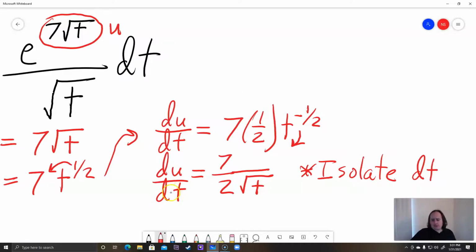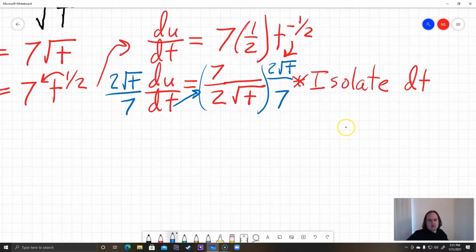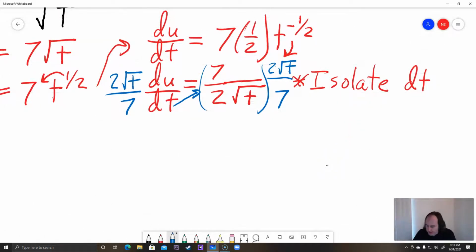So we go ahead and multiply both sides by dt, and then we also multiply both sides by the reciprocal of this fraction here. Okay, so we're going to be multiplying both sides by 2 root t over 7. And of course, we're also going to multiply both sides by dt. So move dt to the right side. Okay, so let me actually go down here then.